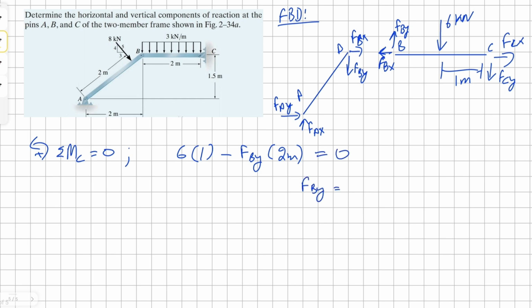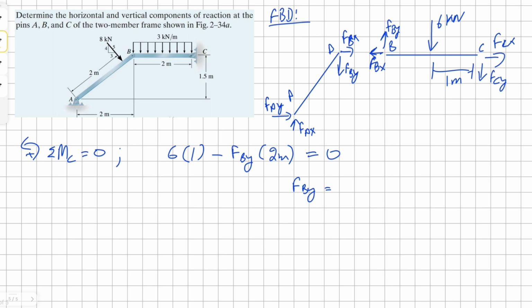Solving for this FPY, we get positive 3 kilonewtons. Now let's take a moment about point A.